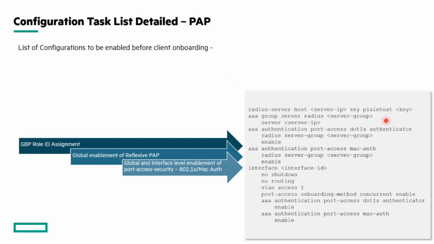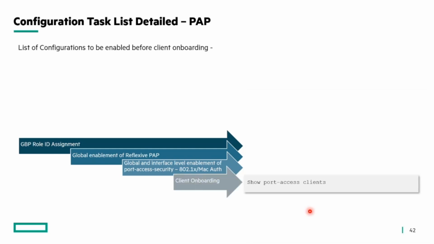As these policies are applied only for secure policies, we will enable 802.1X and MAC authentication on the client connected interfaces. So we have to follow this workflow for this feature to work successfully. Once these configurations are complete, then try to onboard the clients. You can check the client details in the show port-access client command.